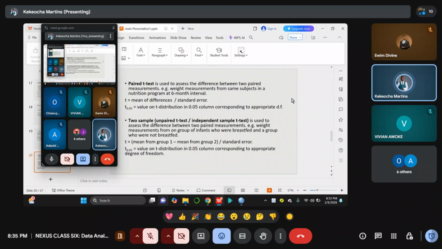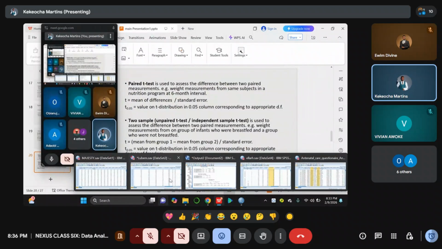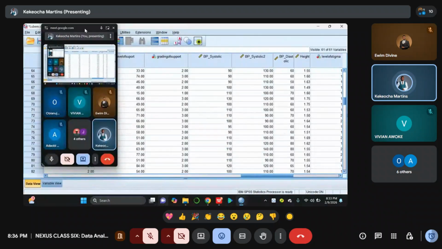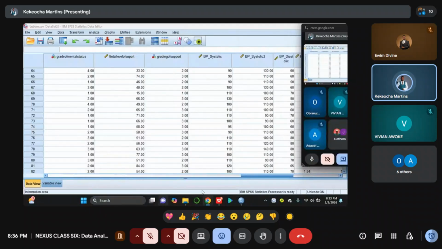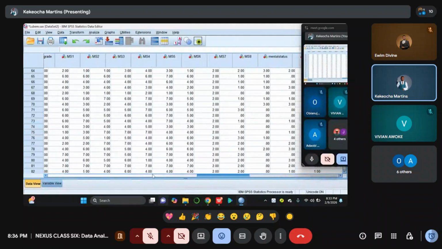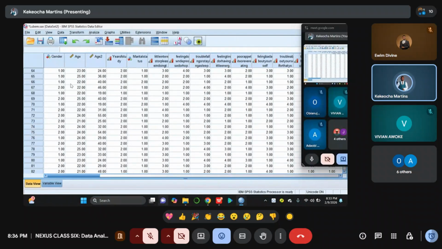There is something differentiating these two groups. Here, they are a pair, but here there is something differentiating these two groups. There is an exposure differentiating the two groups. So now coming over to SPSS, we want to use, for example, the age.